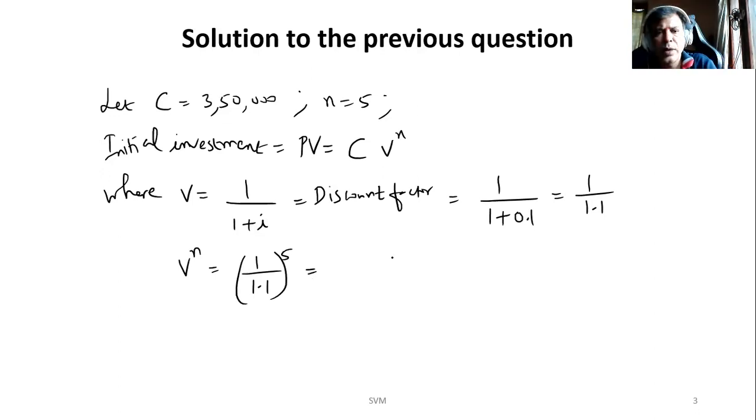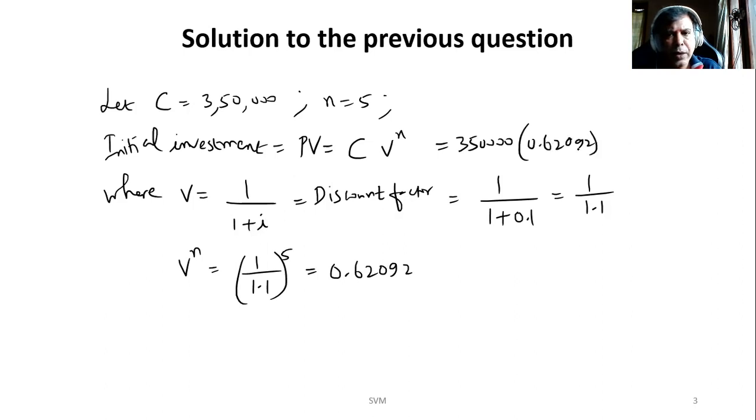So let me calculate this. We get 0.62092. So that means this will now become 3,50,000 times 0.62092.